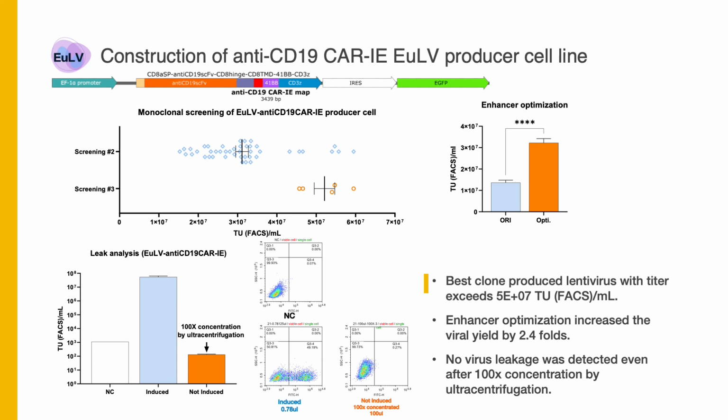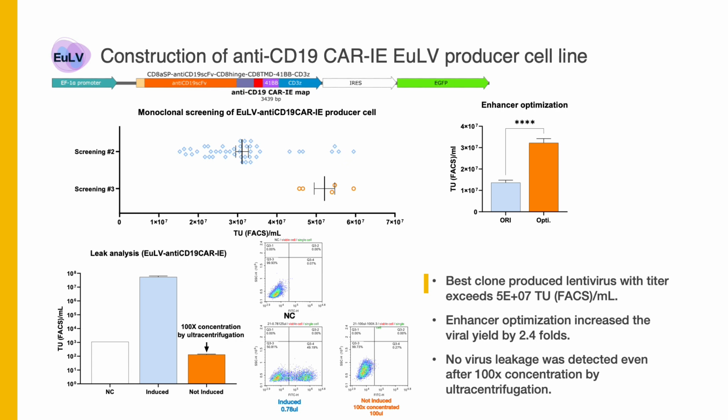We also constructed an EuLV anti-CD19 CAR IRES EGFP producer cell line. This slide summarizes the monoclonal screening data, the leakage analysis data, and the enhancer optimization data. Here is the map of the GOI sequence at the top of this slide.